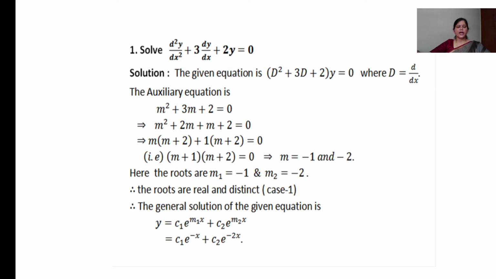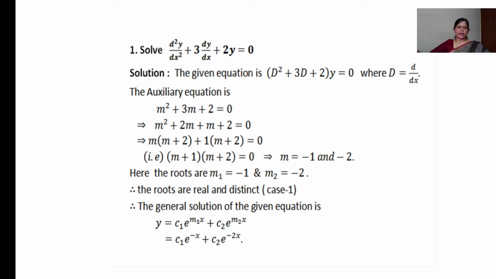Now we have a quadratic equation. We have to factorize it and get the value of m. Here we are going for the simple method, splitting the middle term. The equation is m² + 2m + m + 2 = 0. Consider the first two terms and take the common value: m is common, so we get m(m + 2).